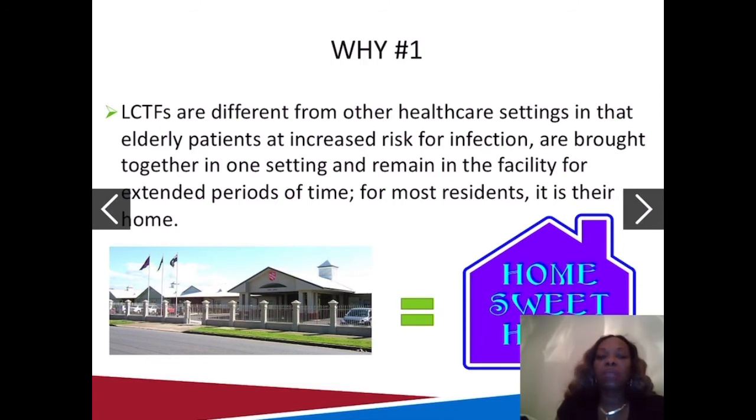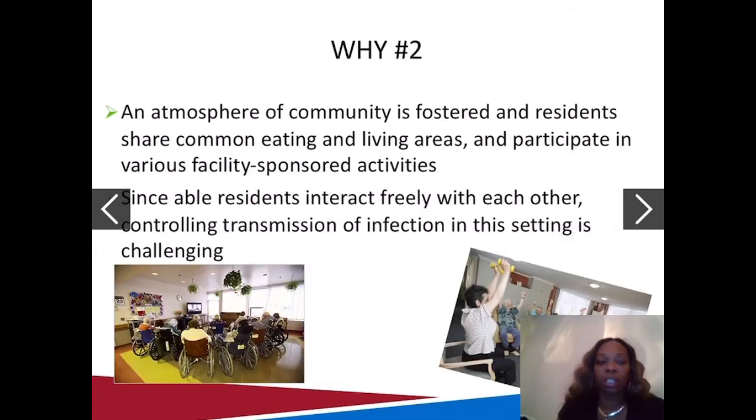Now, long-term care facilities are different from other healthcare settings in that the elderly patients are at increased risk for infections because they are brought together in one setting and they remain in the facility for extended periods of time. For most of the residents, the long-term care facility is actually their home.